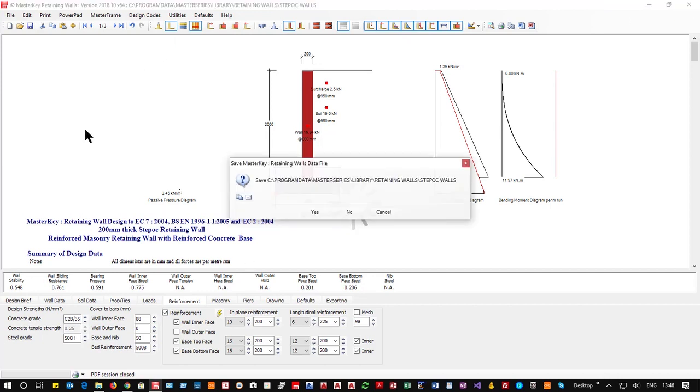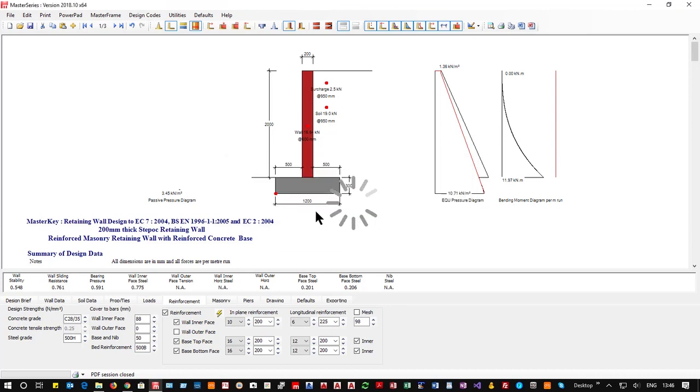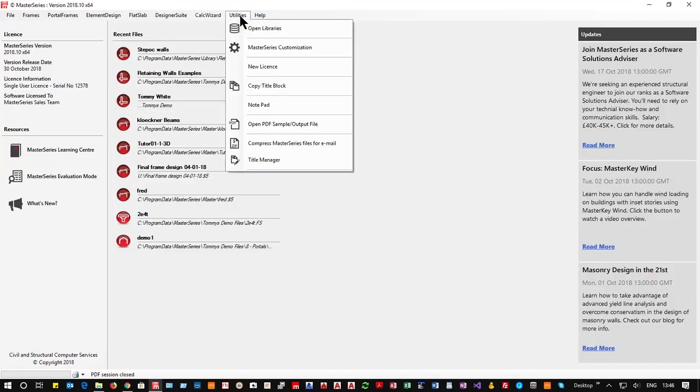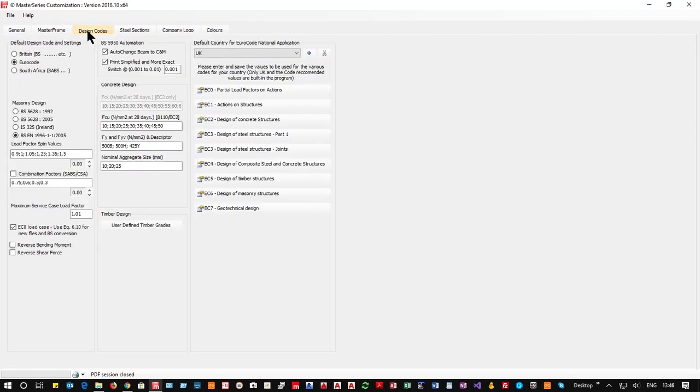However, if I was to come into my utilities and into my customization, I can look at design codes and I can now see what the grades are. So I can turn around and say I want to have the very old 250R. 250 is the grade and R is the designator for the labeling.